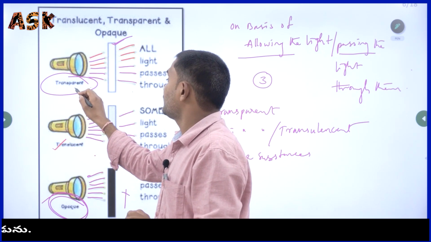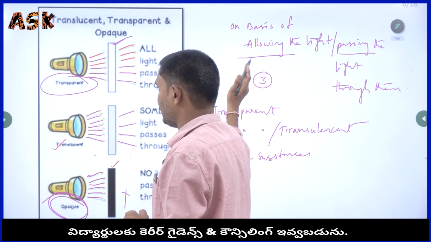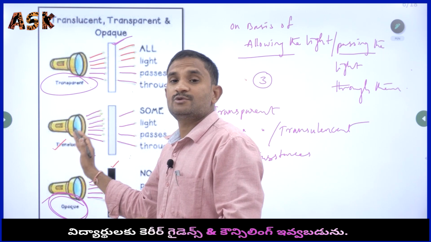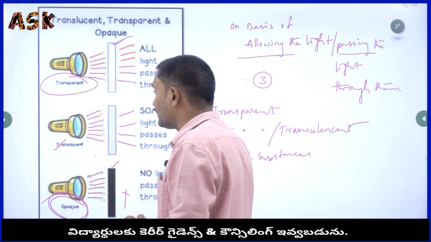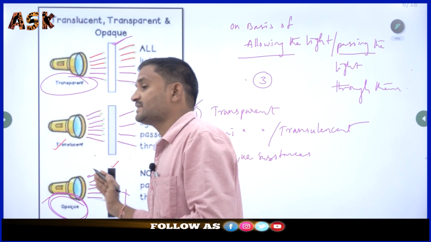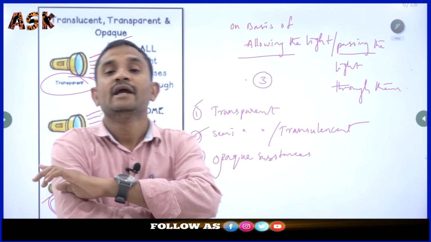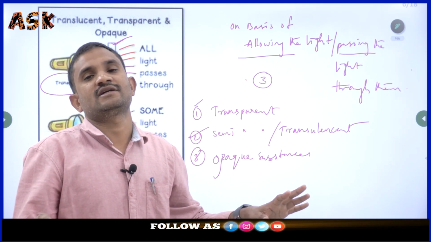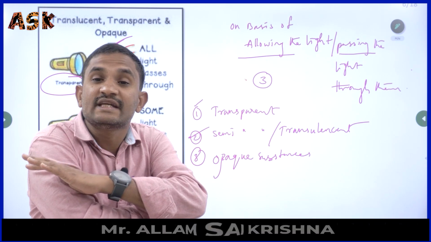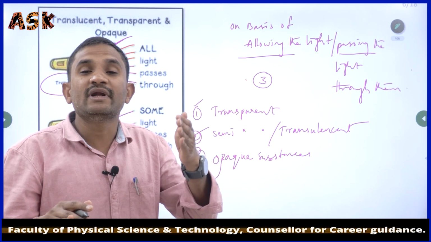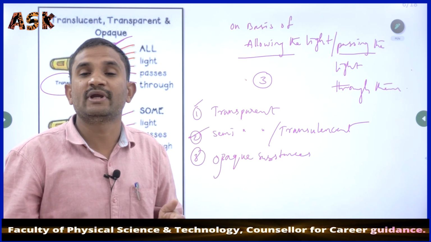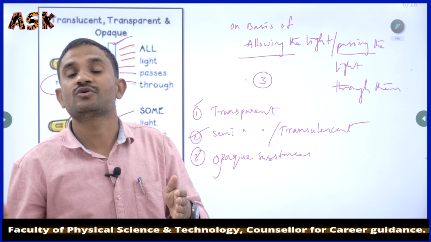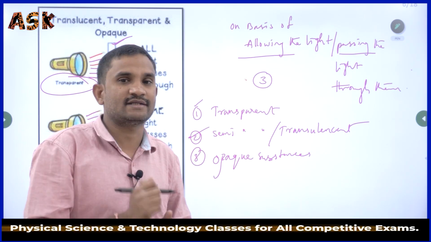Transparent materials allow complete light rays. Semi-transparent means they allow a few light rays. Opaque substances do not allow even a few light rays, not a single light ray. They completely obstruct and stop the light, with no chance to come from one side to another side.